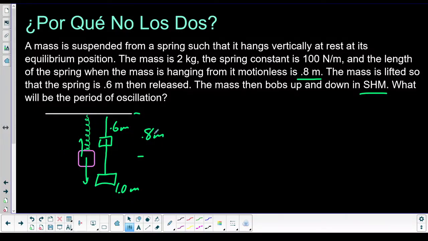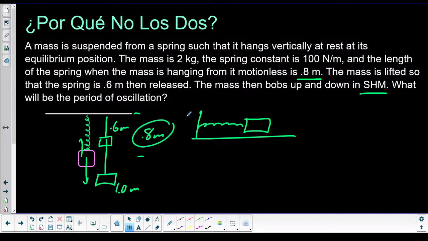True. If I took this and rotated it like this, the equilibrium position is definitely not going to be 0.8, right? Gravity stretches this spring until F equals kx equals the weight, and then it's at equilibrium and doesn't accelerate.